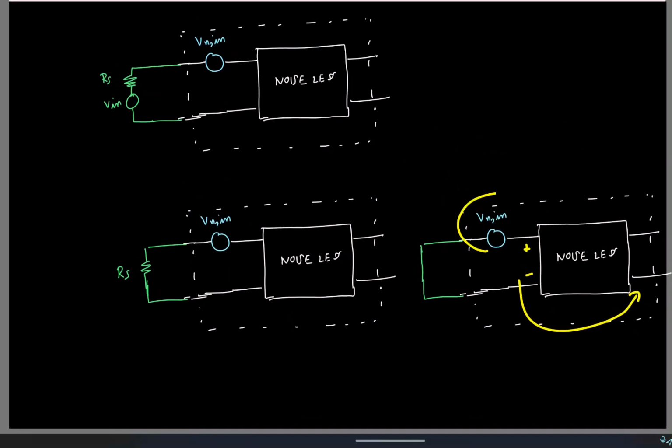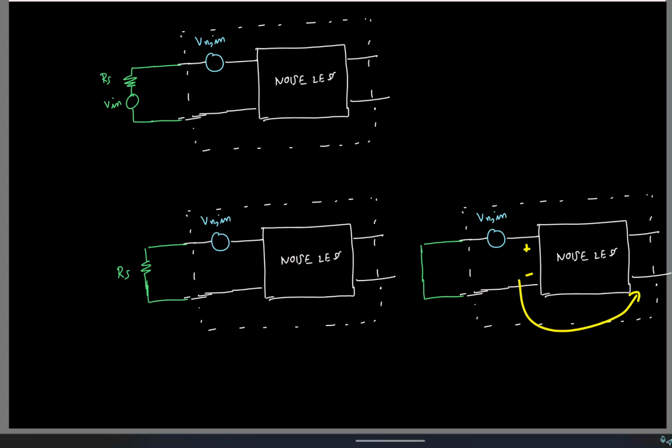So whatever input referred noise we had, that was directly appearing across the network, and we got the noise. But now you see that this guy is now getting divided between RS and whatever input resistance I have for the network. Okay, so not everything is now appearing across the network, right?